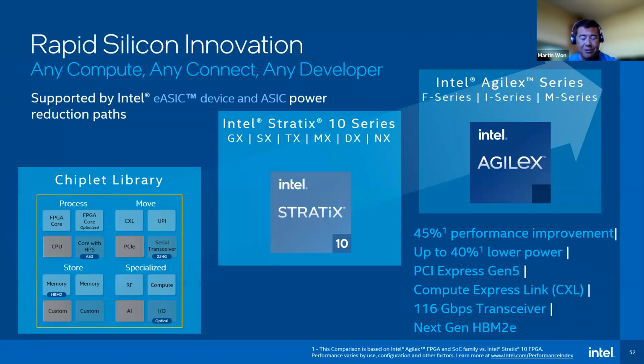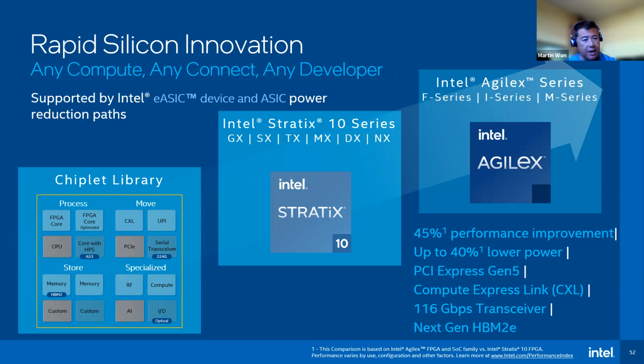And thank you, lawyers. You're very familiar with our legal disclaimers now. So as Dave mentioned, Intel has been using AIB-based chiplets in our most recent FPGA product families, including Stratix 10, as well as Agilex. So this view shows at a high level that Intel is leveraging a chiplet library shown in the lower left that consists of many chiplets of different functions and also representing various process nodes.